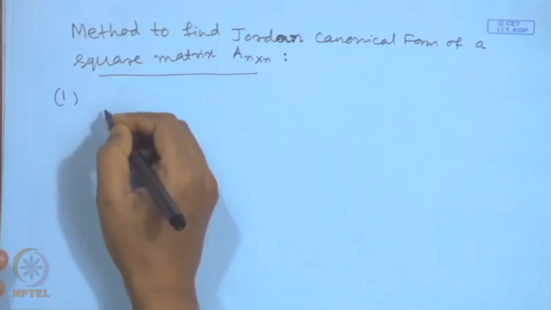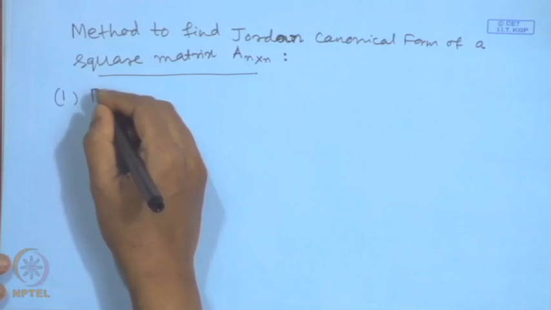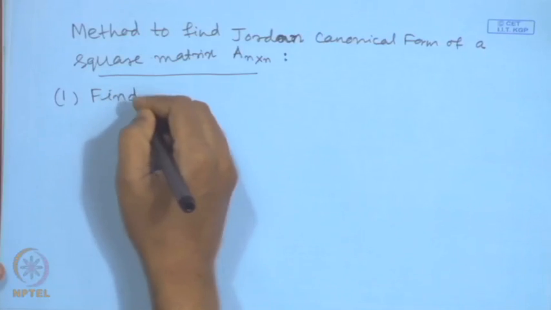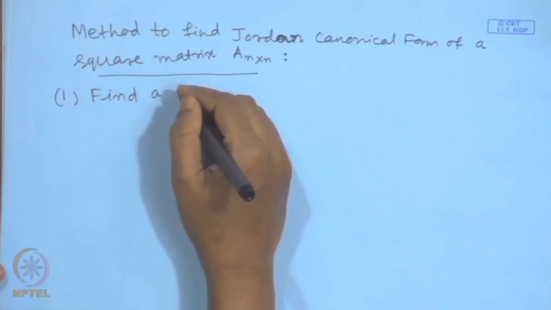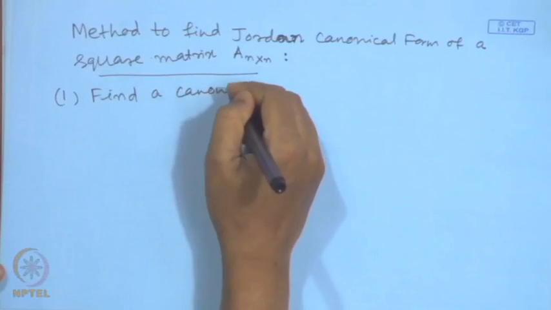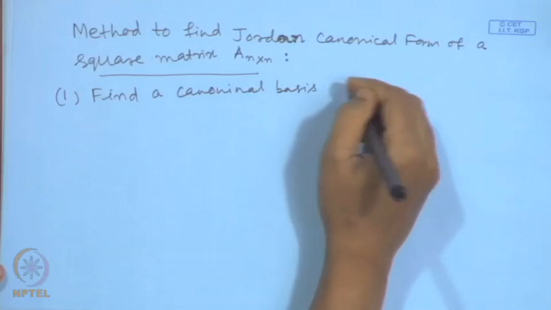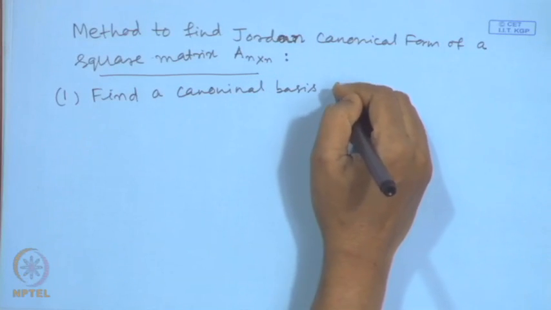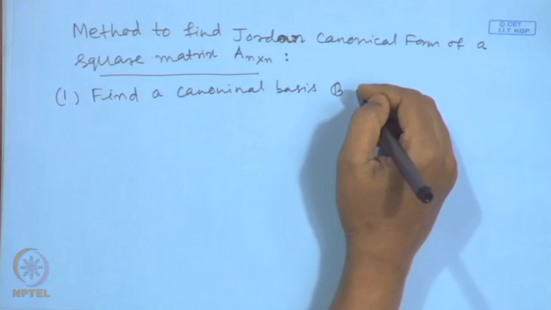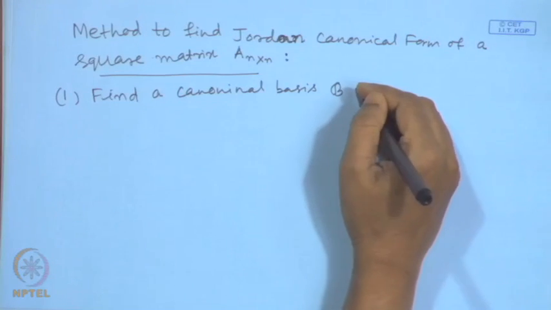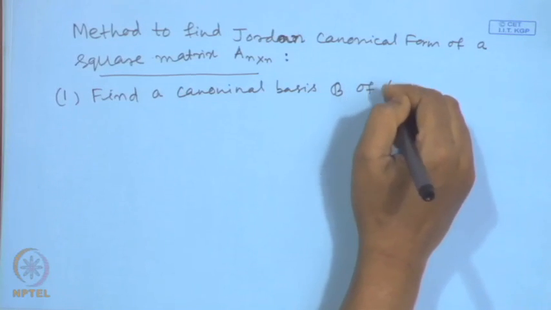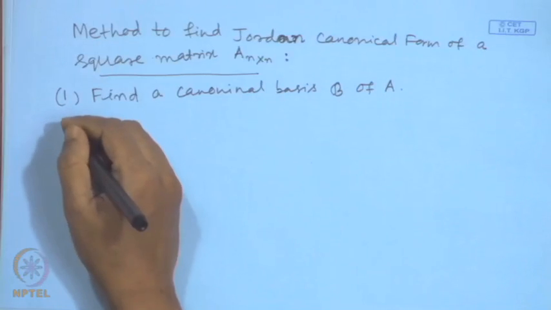The first step is to find a canonical basis B of this matrix A.